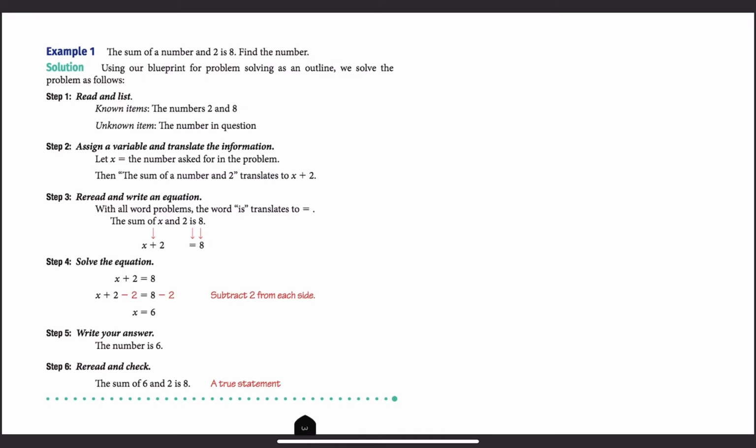So let's see. The way I would do this is, now that I've read it, I would write it. I would say, okay, I'm going to let x be the unknown number. So I'll let x be the unknown number. And the sentence is literally the sum of a number.